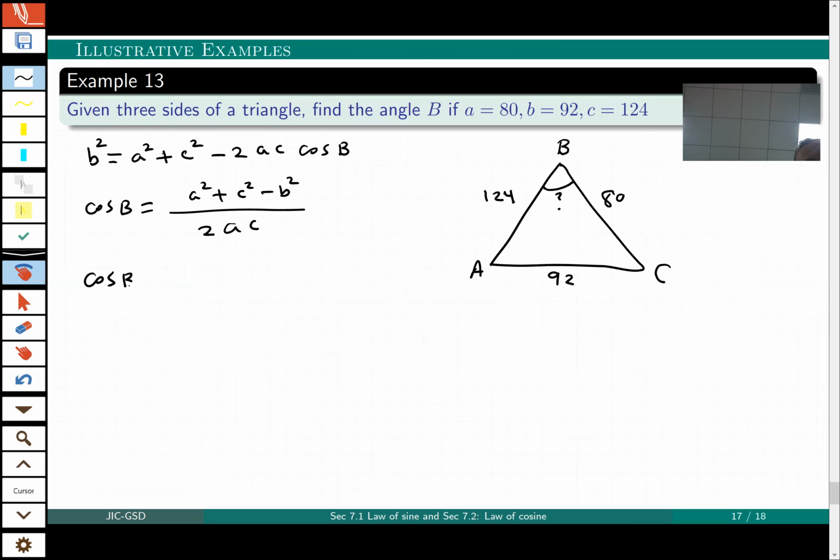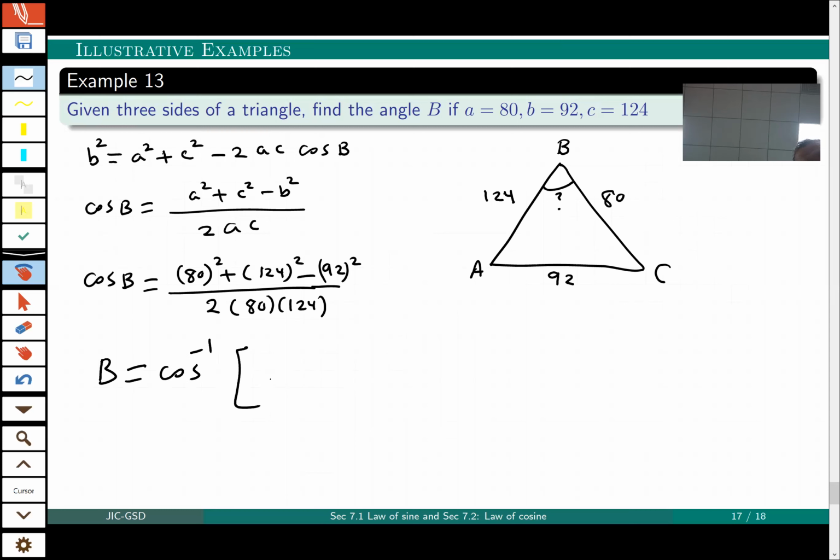So cosine B will equal A squared, that's 80 squared, plus C squared, that's 124 squared, minus B squared, which is 92 squared, divided by 2 times A, which is 80, times 124. So what is B? As we said, it's cosine inverse. We just put it this way, and that will be more than enough because we don't have a calculator in the exam.